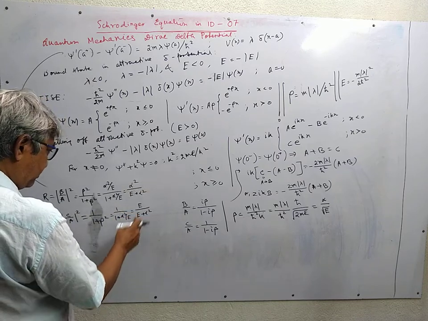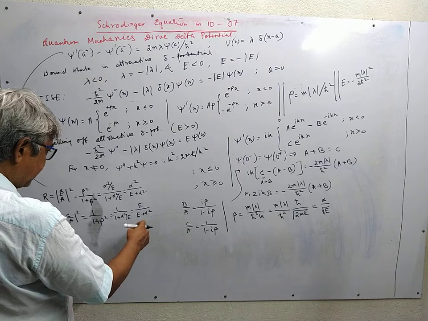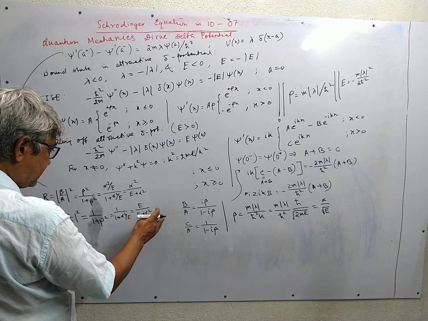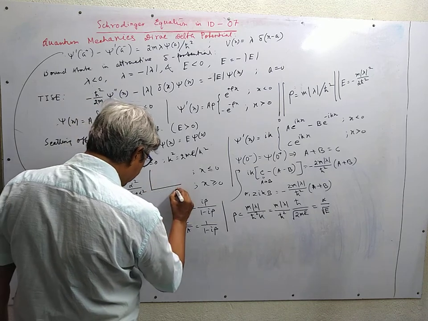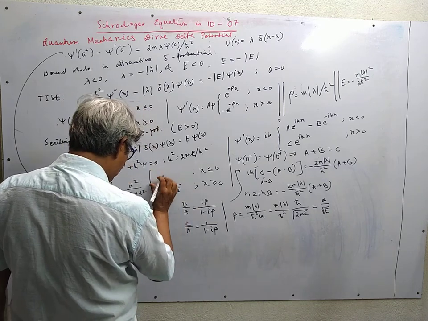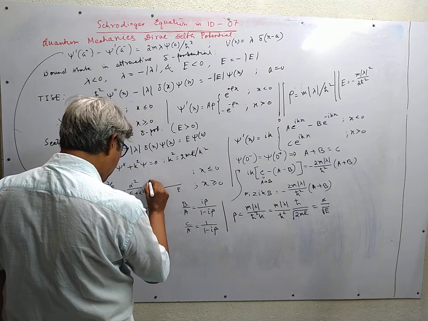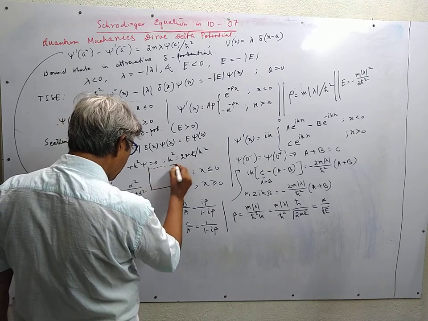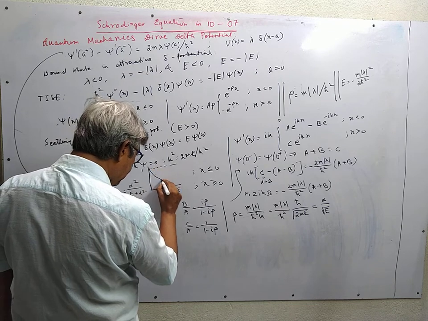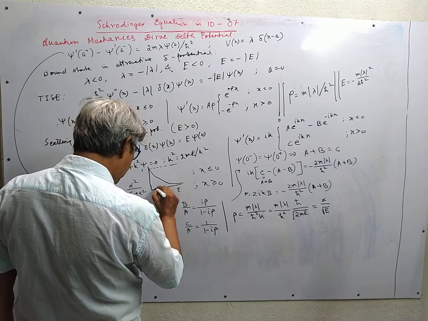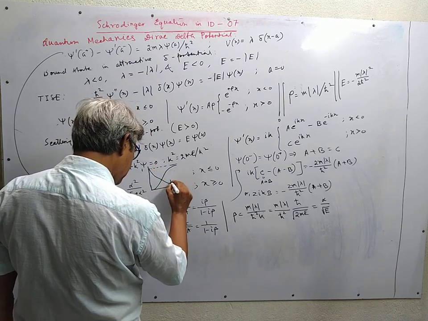So the graphical nature is here: E, this is one line, R goes like this, T goes like this.